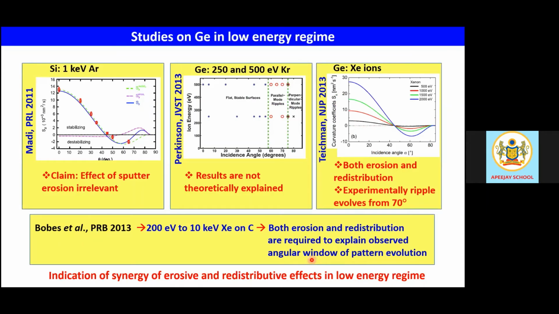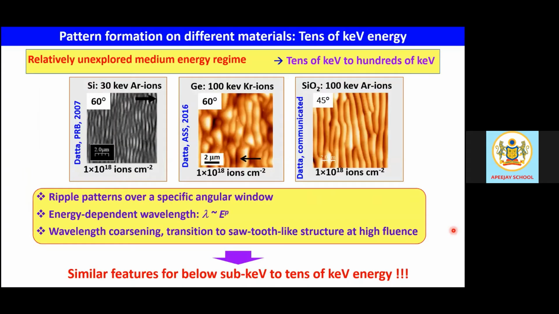Here is an example, mostly putting one example just to compare. These are examples of what one sees in terms of germanium pattern formation. Not so important, but just to share with you.